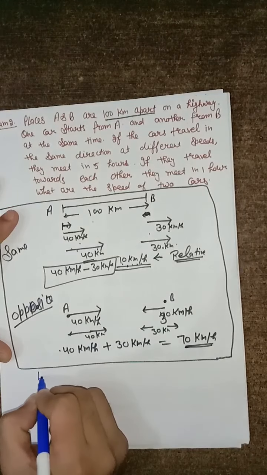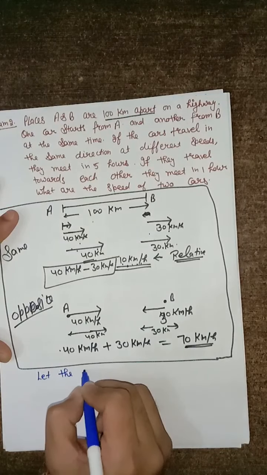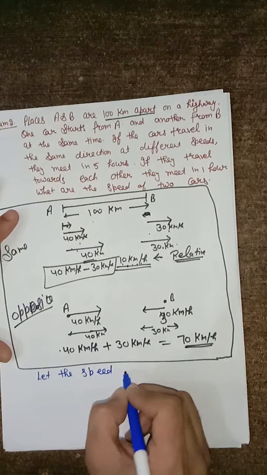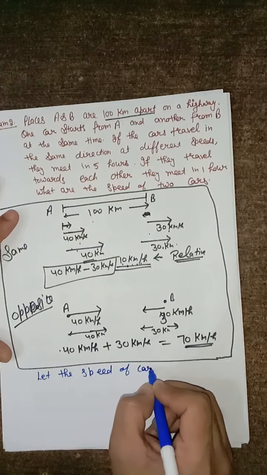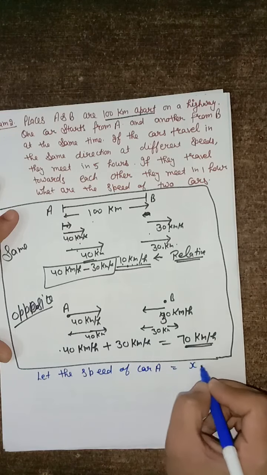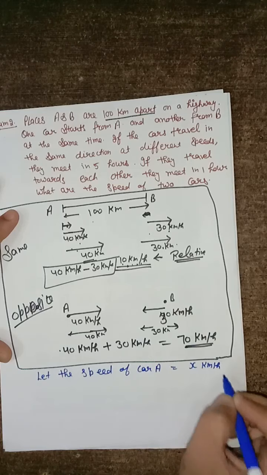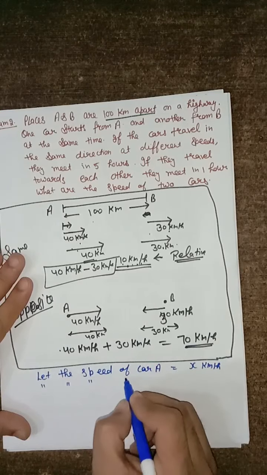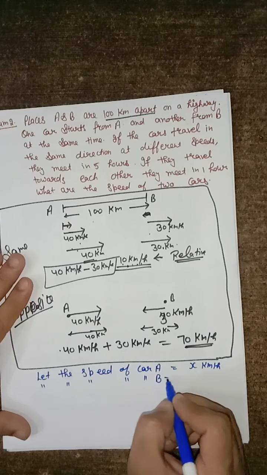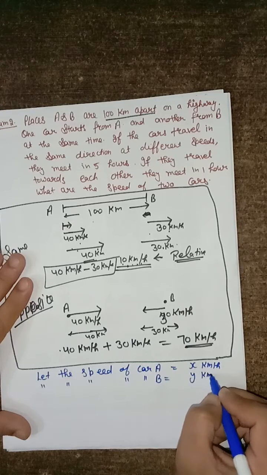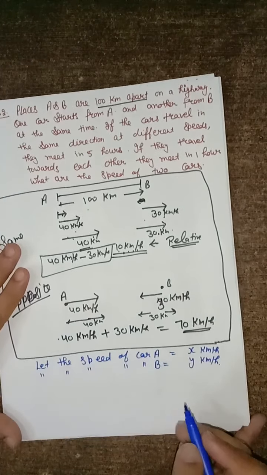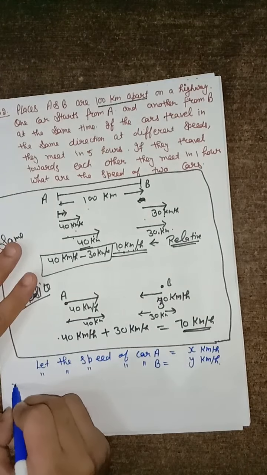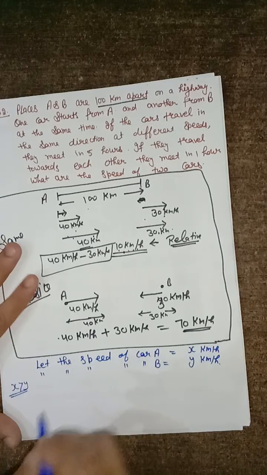So I am letting here, let the speed of car A be x km per hour. Now let the speed of car B be y km per hour. Now I am assuming here x is greater than y.